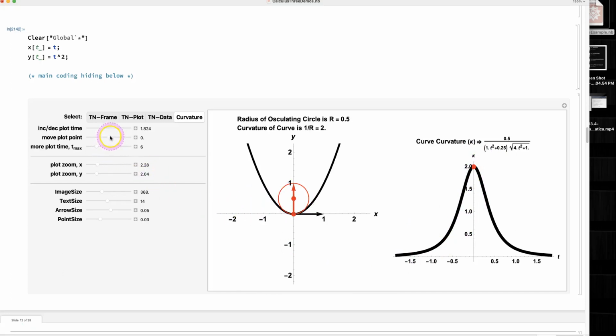So this curvature function is keeping track of the 1 over the radius of the osculating circles at every point. So if we were to move the point, you can see that the circle is getting larger and larger, and therefore the curvature is lessening and lessening, until the radius of the circle gets so large that the curvature starts dropping to 0.